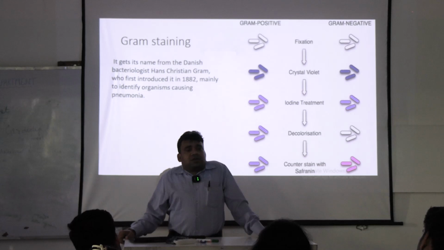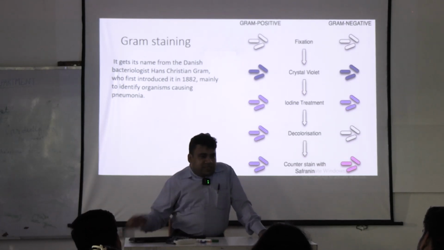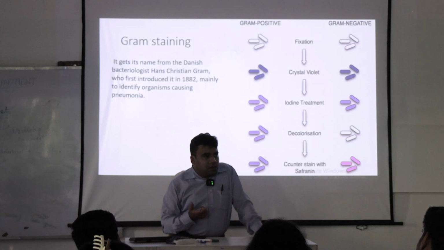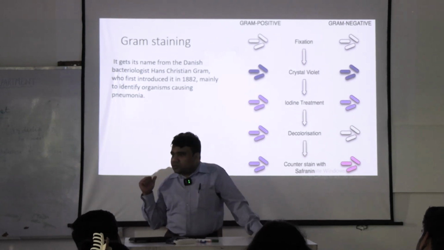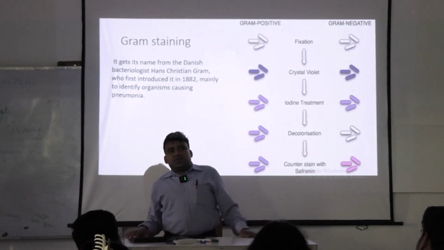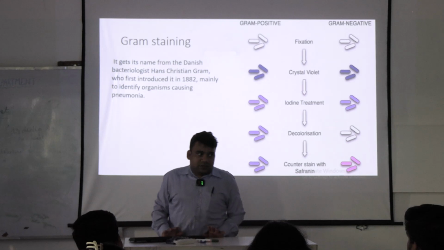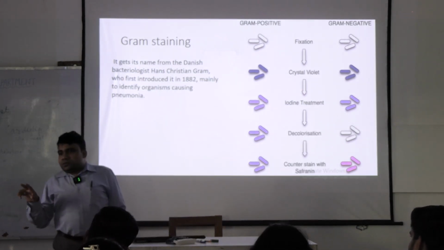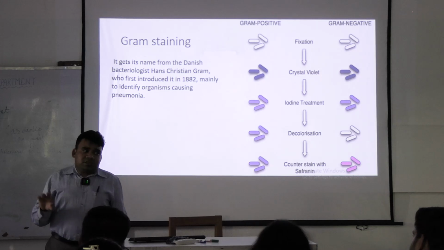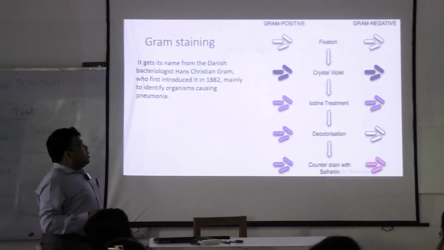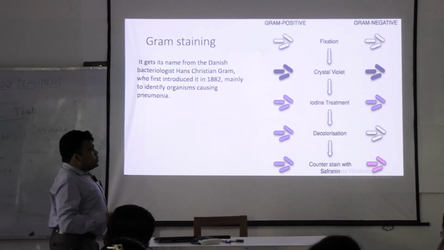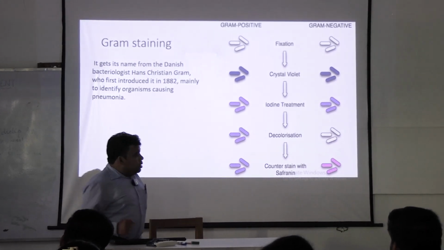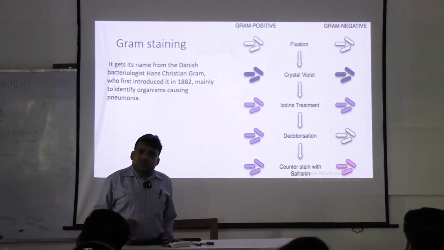So, Hans Christian Gram started taking sections from patients who had died of pneumonia, and he started doing the staining. In this staining, he used a differential stain. Differential means he used two types of stains for staining. First he used crystal violet, and then he used iodine, and then after decolorization he used safranin.